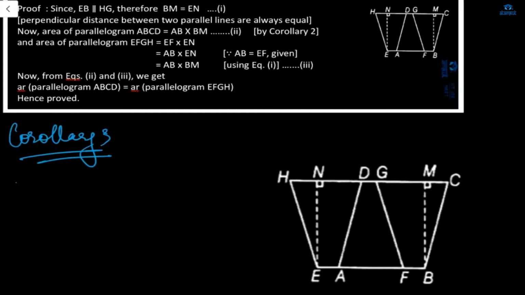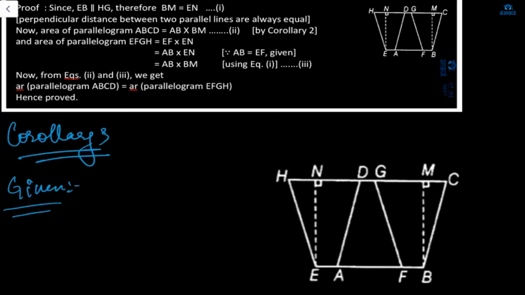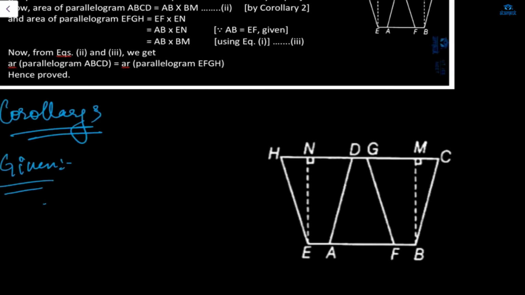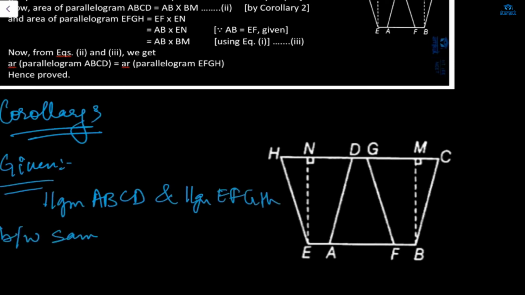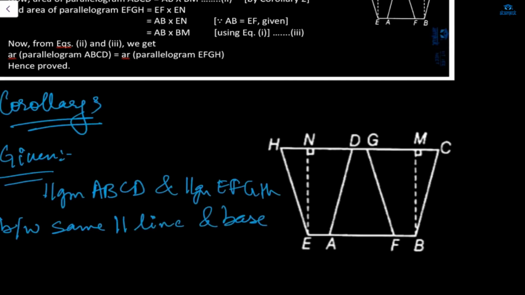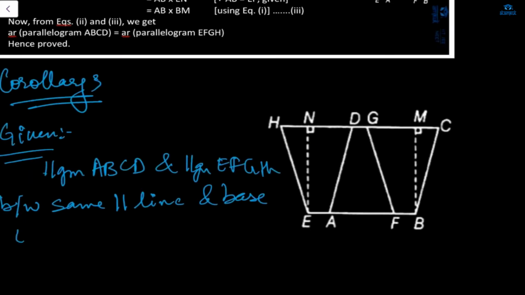If we write the given, what you will mention is the two parallelograms, parallelogram ABCD and parallelogram EFGH, between the same parallel lines, and the base EF is equal to AB.